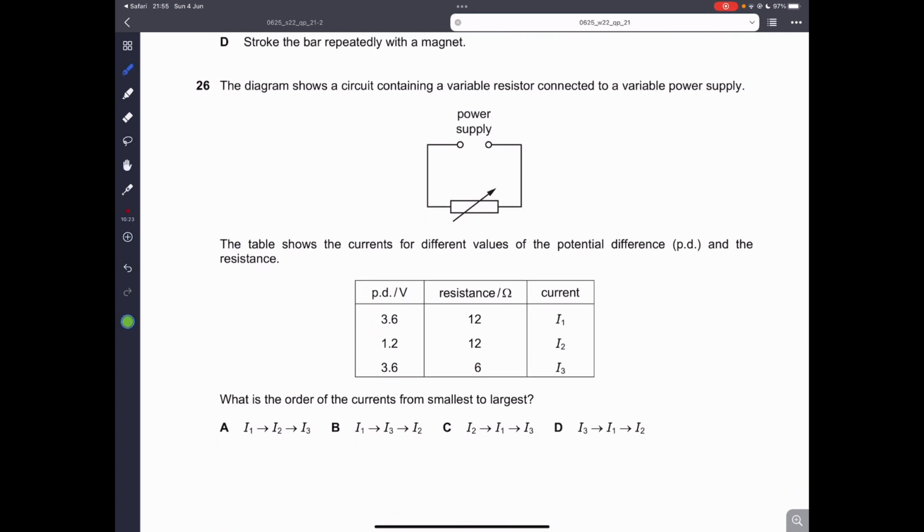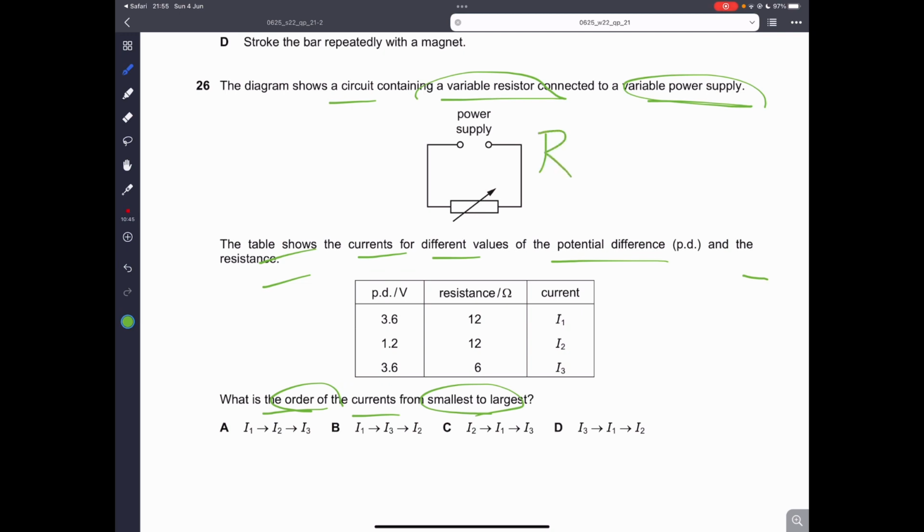26. The diagram shows a circuit containing a variable resistor connected to a variable power supply. The table shows the current for different values of potential difference and resistance. What is the order of the currents from smallest to largest? Remember, this is very clerical work, as my teacher would like to call it, because you just have to remember the formula, which is resistance is equal to voltage over current.